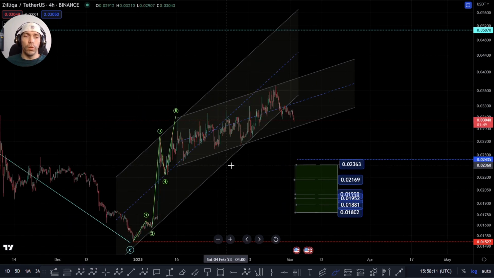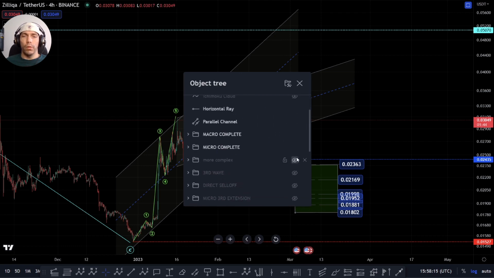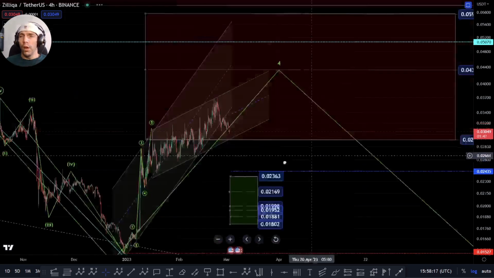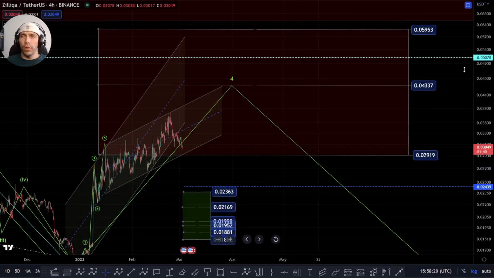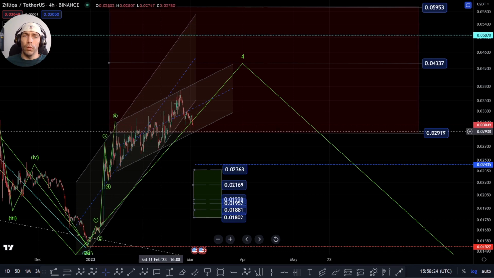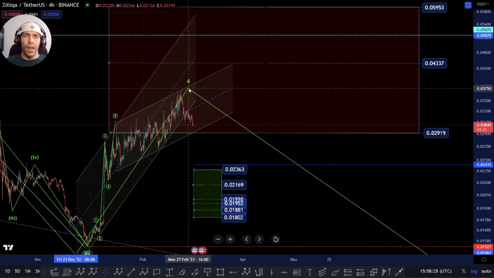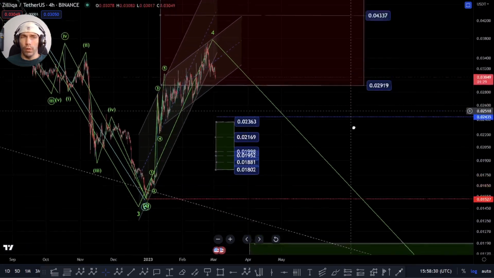We're going to discuss the internals of these in a second, but there are a couple of options that we have on the table. I am also being mindful, we haven't looked to invalidate this potential of a fourth wave. We haven't moved up past this 50-70. So until we do, we need to be careful that we don't get a fourth wave complete, and then we look to break to the downside again.